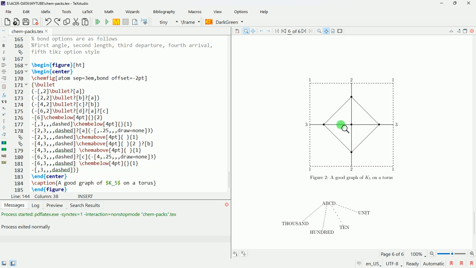Now here what you have to do, these things mean atom separation. What is the distance between two atoms, two vertices here? So this is a graph I have drawn, and bond offset, how much deep it should go inside. You change these numbers and you will see what is the effect.